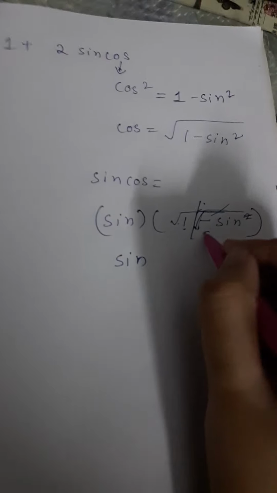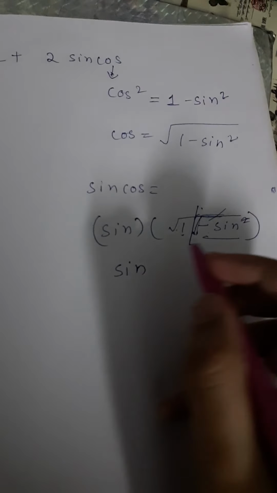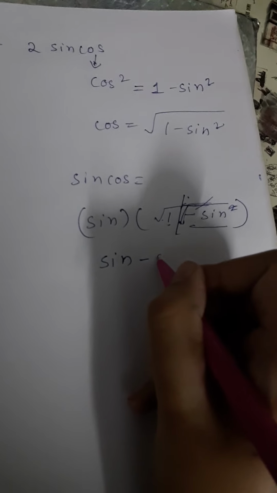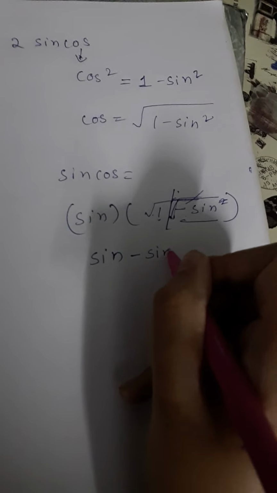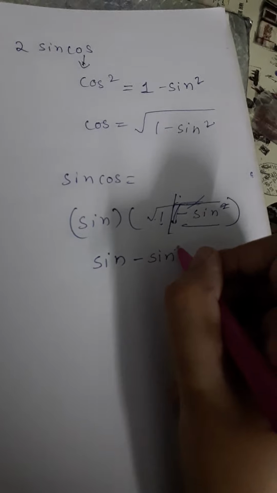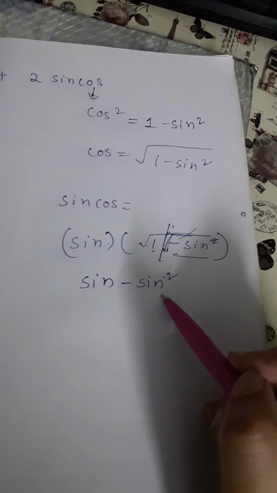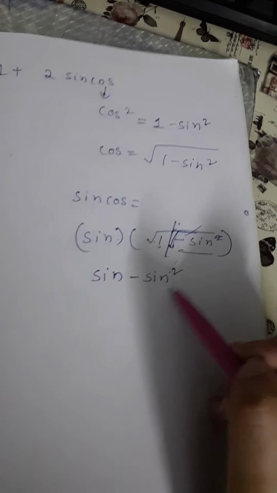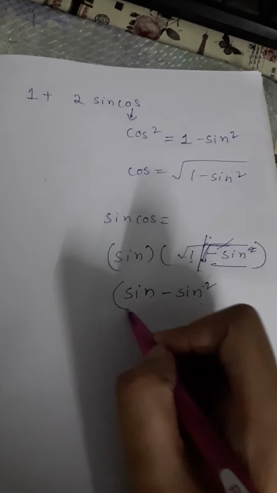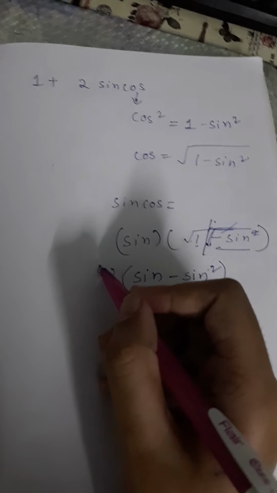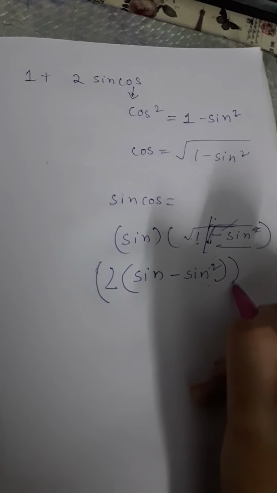So now you get this minus sign into sin, you know that it is minus sin. Now sin into minus sin is minus sin squared. Now we keep it in bracket, we multiply this with 2 and this is a component. This is only one component.